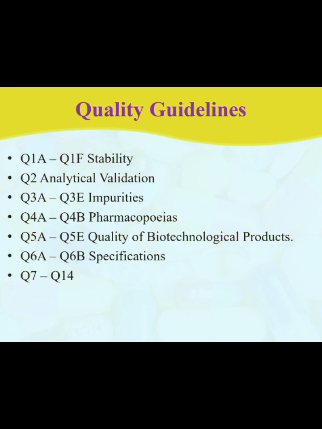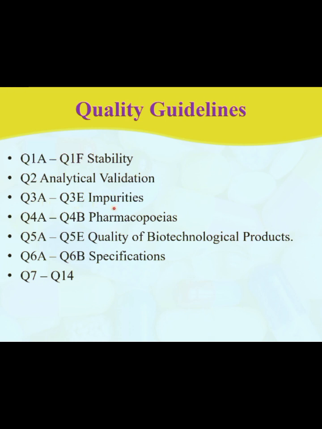So in total, there are 14 guidelines in case of quality guidelines from Q1 to Q14. Q1 is further subcategorized as Q1A to Q1F. It mainly focuses on the stability. The next guideline is Q2. It focuses on the analytical method validation. Next one is Q3. It is subcategorized as Q3A to Q3E.